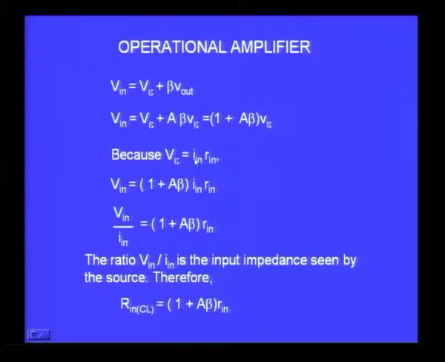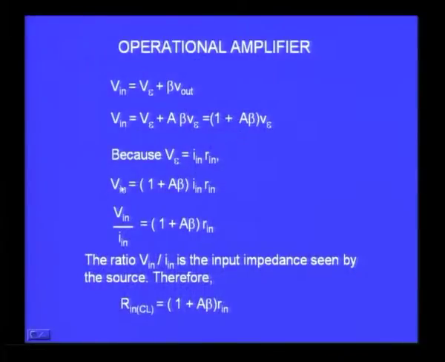Now, V epsilon is actually responsible for sending an I in through R in, the input resistance. So, V in is 1 plus A beta times I in into R in, where R in is the input resistance of the op amp, and so V in by I in is equal to 1 plus A beta into R in. So, V in by I in is that new input resistance.